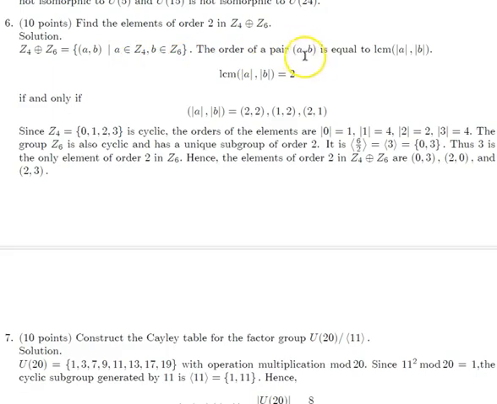And we know that the order of a pair in an external direct product is equal to the least common multiple of the orders of the components. We want the least common multiple to be 2, and this is true if and only if these orders are 2, 2, or 1, 2, or 2, 1.